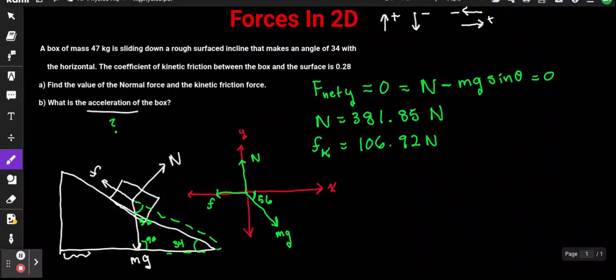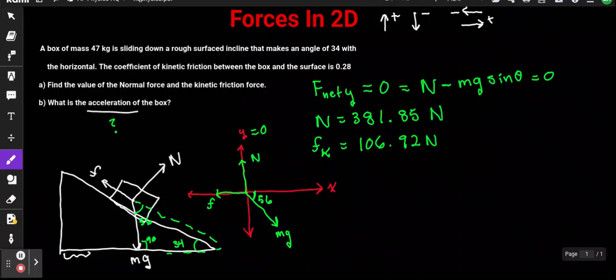Okay, now that we have finished part A, we have to figure out the acceleration of the box. We already know that on our y plane we are balanced because our box is not flying off of the incline, it's sliding down the incline, directed in the x direction, because that is what we defined our coordinate plane as.